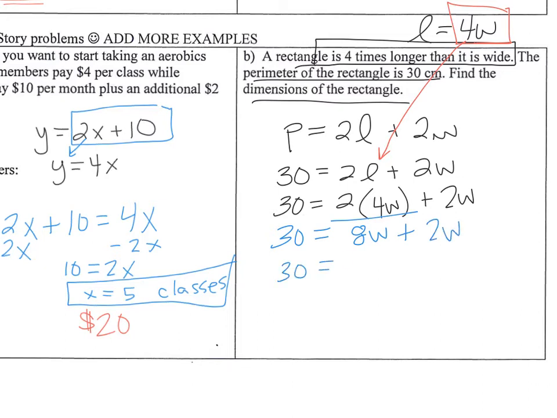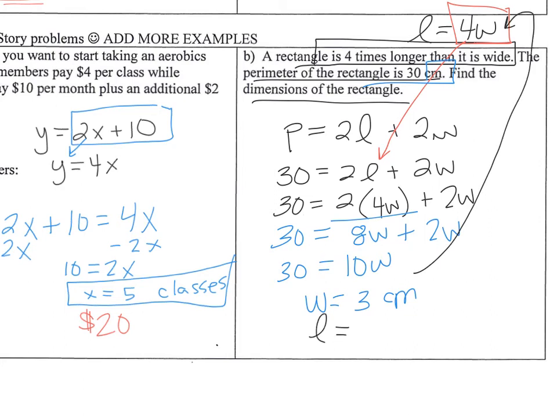So 30 equals 10 W's. So W has to be 3, and my units are centimeters. If W equals 3, then I can substitute 3 in for W right here. So the length is 4 times 3, which is 12 centimeters. This answers the question, find the dimensions of the rectangle.